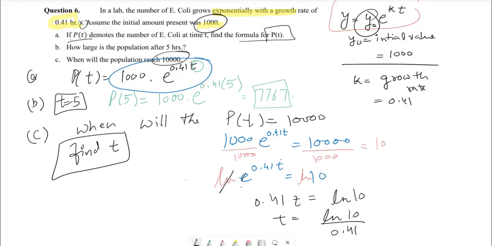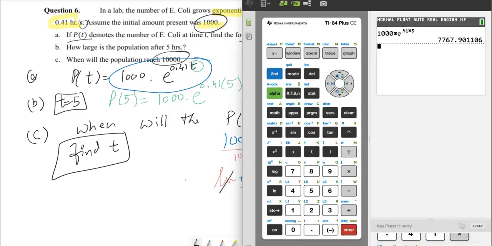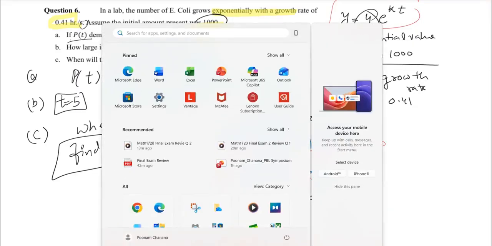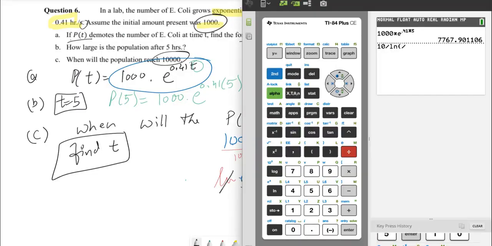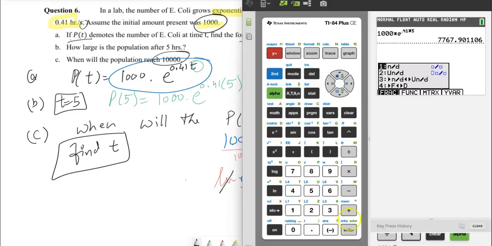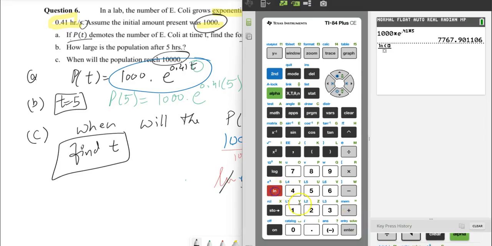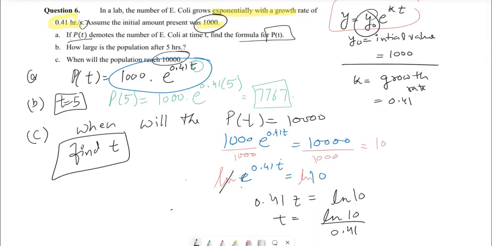Again, you can easily calculate that from your calculator. The natural log of 10 divided by 0.41 is 5.61.